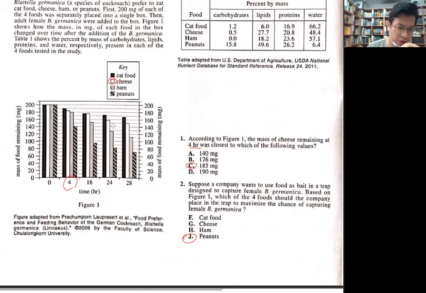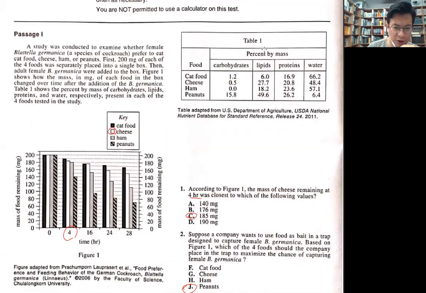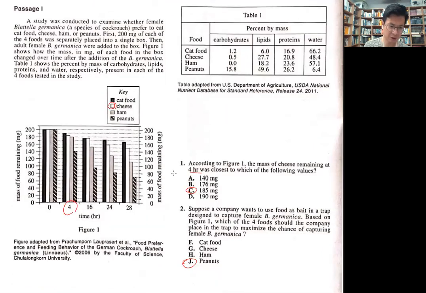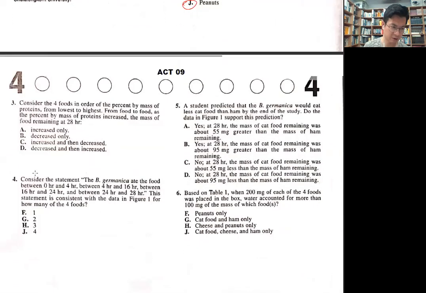We can see that peanuts have the higher protein, but the mass of peanuts remaining is the least. Also, everything is going down, so you don't need to worry about protein too much because it's going to go down anyhow. So it decreases.